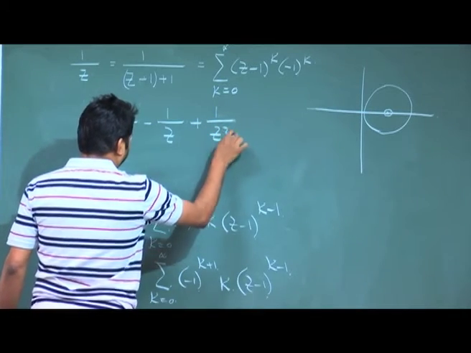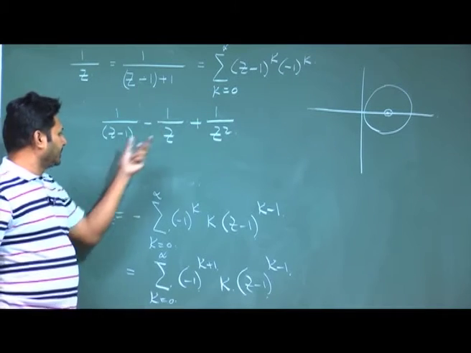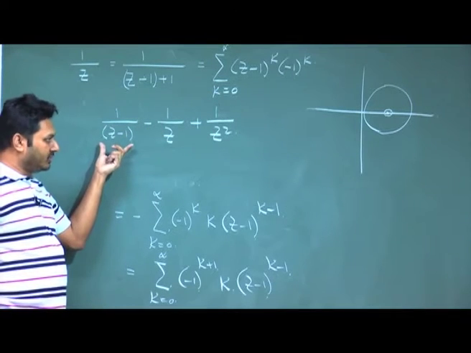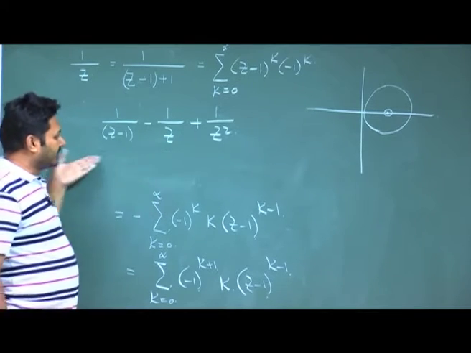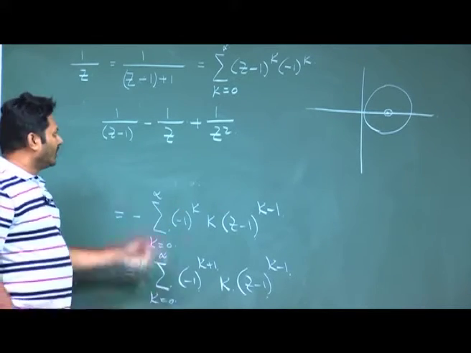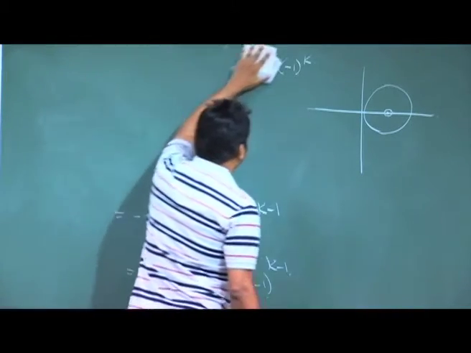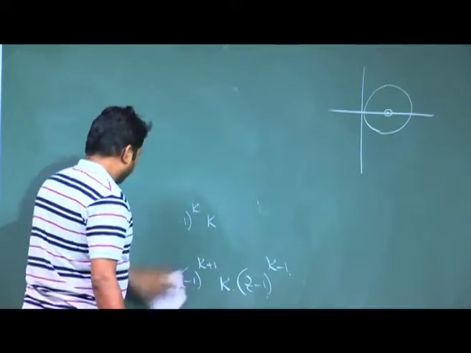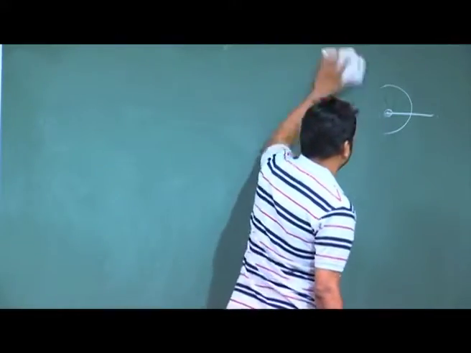So 1 by z I have an expansion, 1 by z square I have an expansion, and 1 divided by z minus 1 I do not need to do anything with, so it will stay idle. So I have the expansion of the entire function. This is the Laurent series expansion of a given function if the limit or the region is given to us.